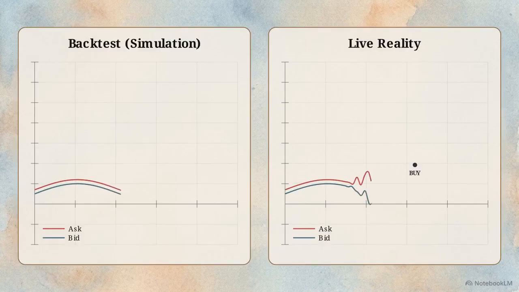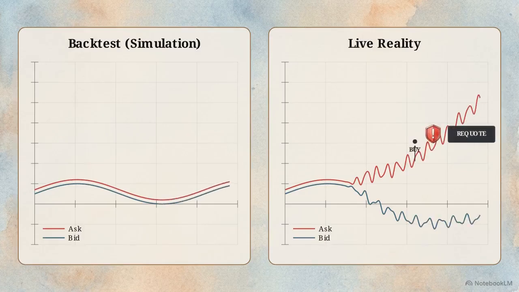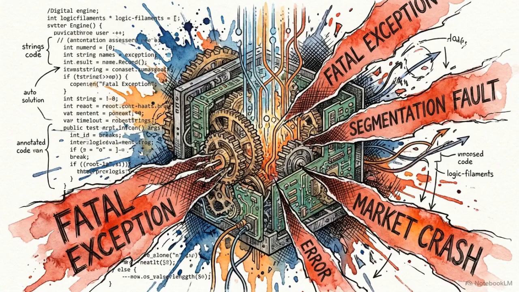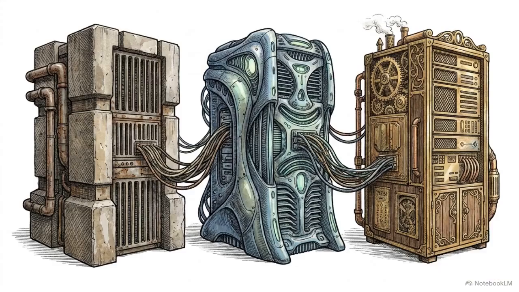On the right, live reality shows spreads widening massively, orders experiencing slippage, and brokers issuing requotes during news events. An 80% win rate in a backtest is meaningless if the code lacks the dynamic logic to absorb real-time market friction without breaking.